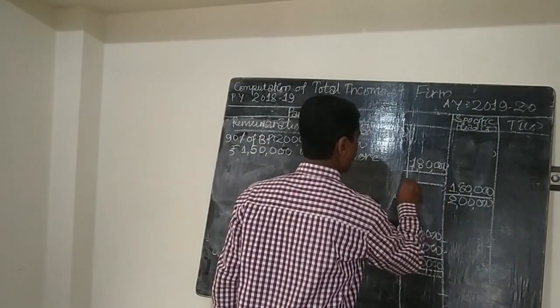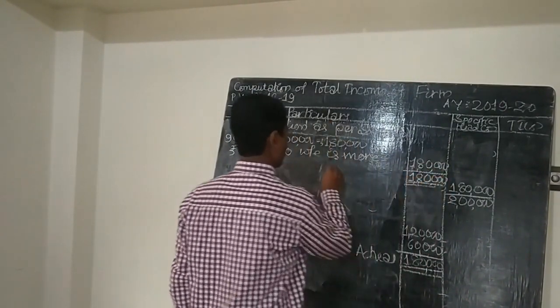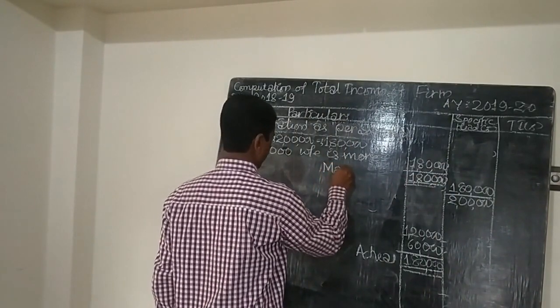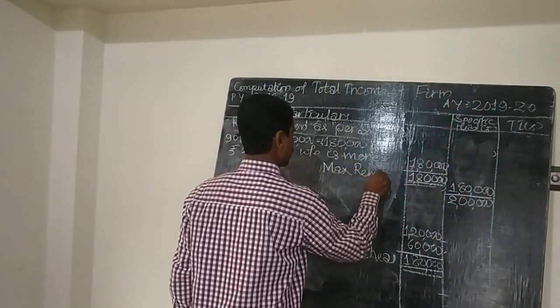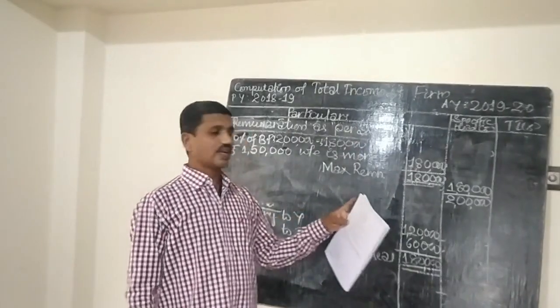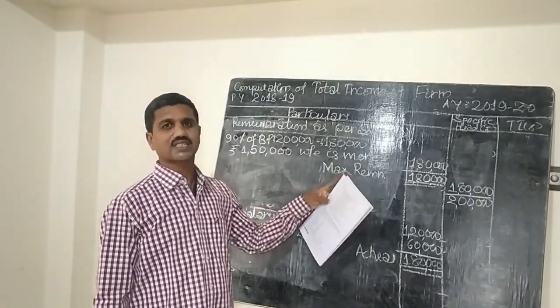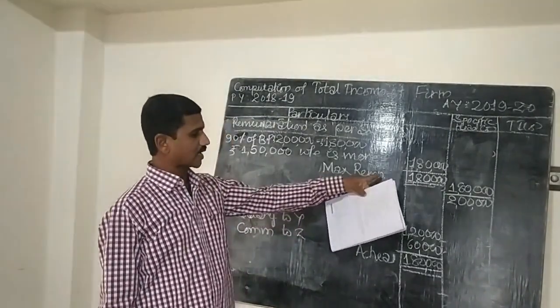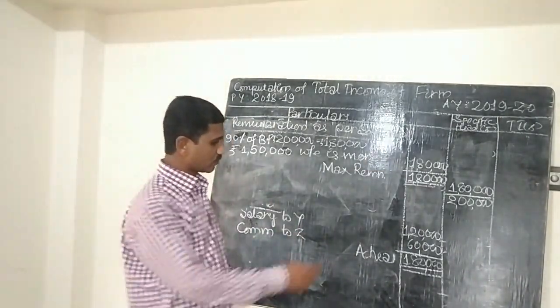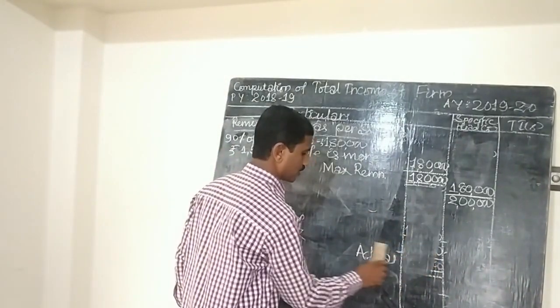So this is the maximum remuneration. So this should be compared with the actual. Fortunately, in this problem, we have got both amounts as the same. That is, the maximum remuneration is also 1,80,000, whereas actual remuneration also is 1,80,000 here.